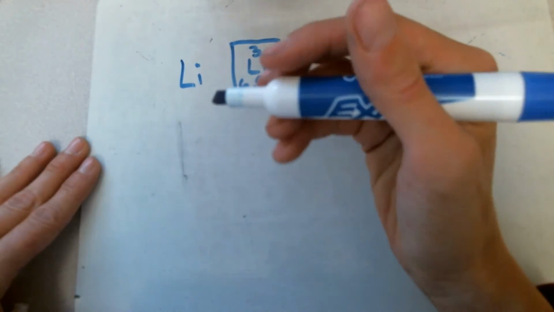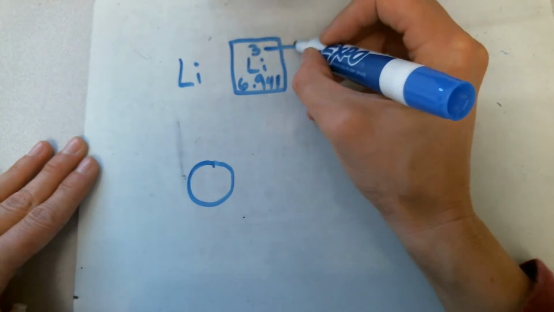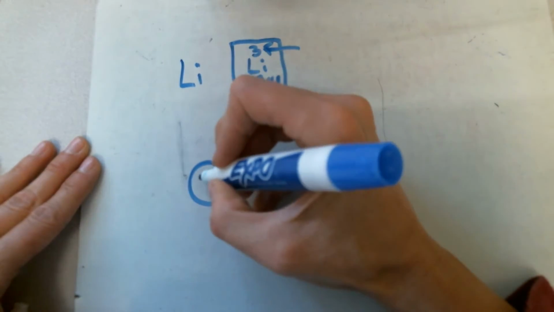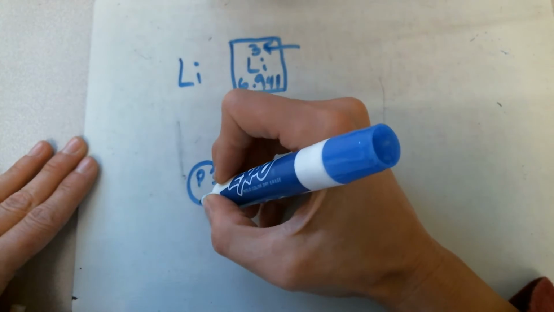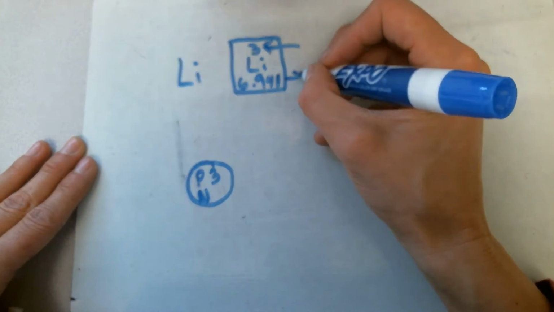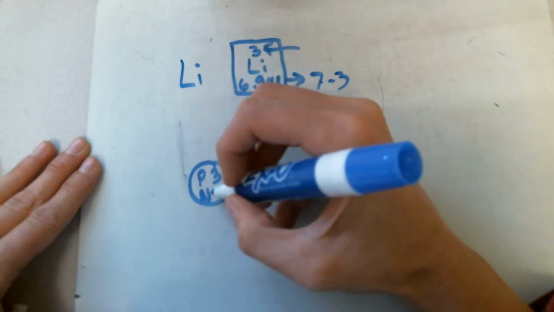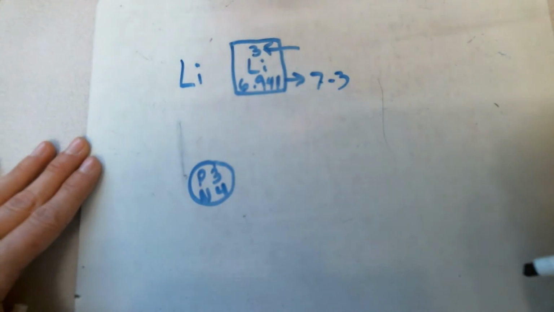So for lithium, in our nucleus, we're going to have our 3 protons. And how many neutrons? So this is going to round to 7. And then we have 7 minus 3, and we get 4 neutrons.